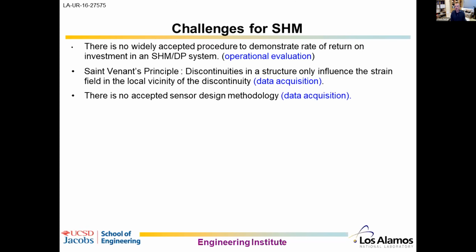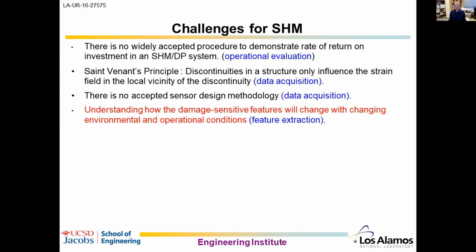I don't believe that there is any accepted sensor design methodology. If you say, I have this structure and I want to detect a crack of a certain size, there's no design methodology that says, here's how I choose the sensors, here's how I establish their signal to noise ratio, here's how I place them, that type of thing. All the sensor design, to my knowledge, is done in a one-off manner.